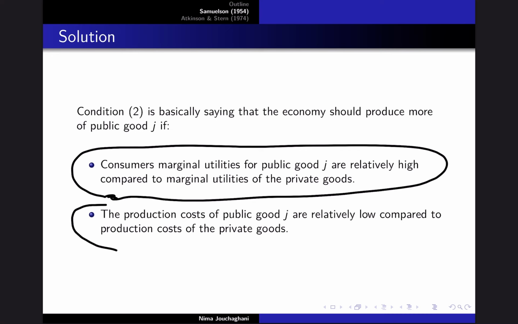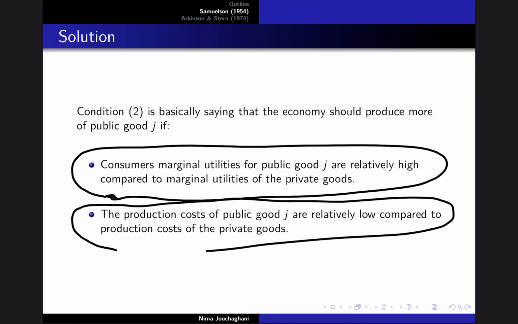The second condition is pinning down the production cost of the public good. So we should produce more of a public good J if the production costs of the public good J are relatively low compared to the production cost of the private goods. This is abstracting from preferences for the outputs.